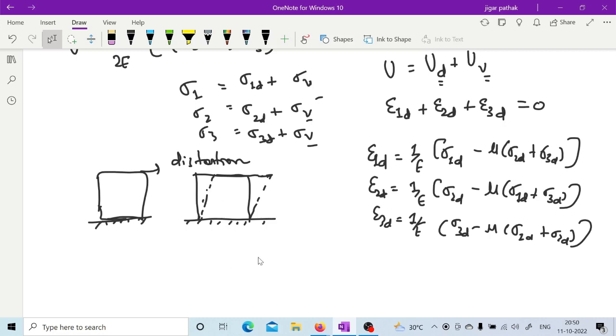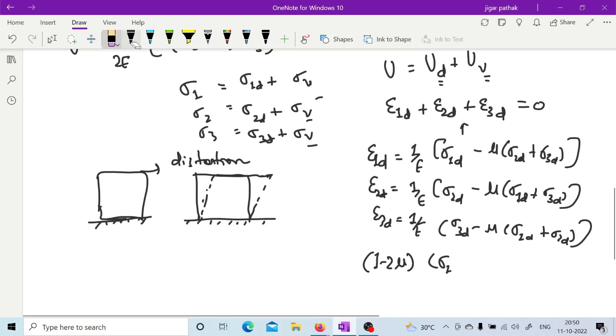Now if you put these values E1d, E2d and E3d in this equation, you will find 1 minus 2 mu into sigma 1d, sigma 2d and sigma 3d is equal to 0.